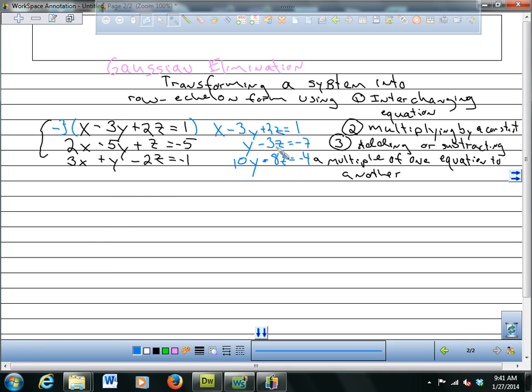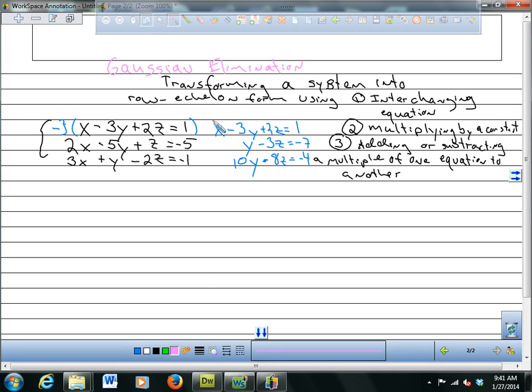Okay? So now I'm going to do the same thing, except I'm going to get rid of the y's in these two equations. How can I get rid of the y's in one of those two equations? What could I multiply this equation by? Negative 10.